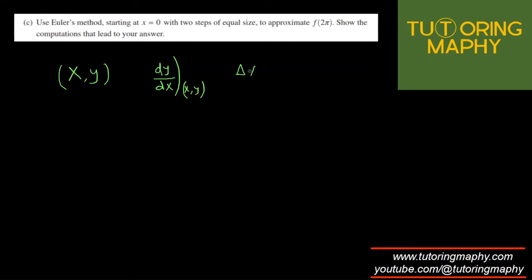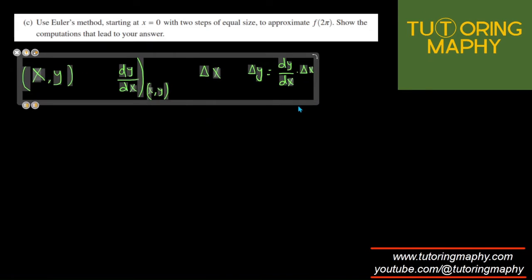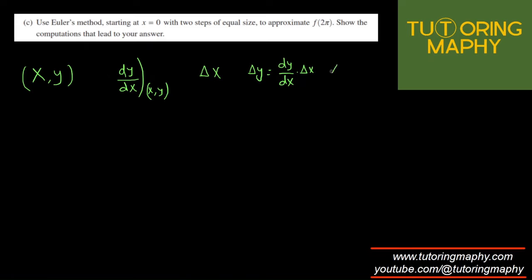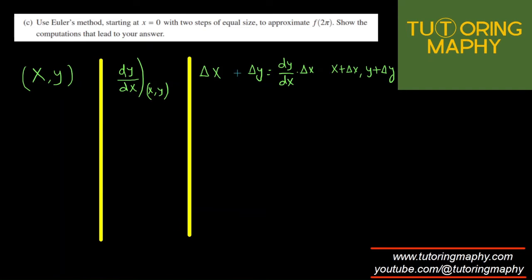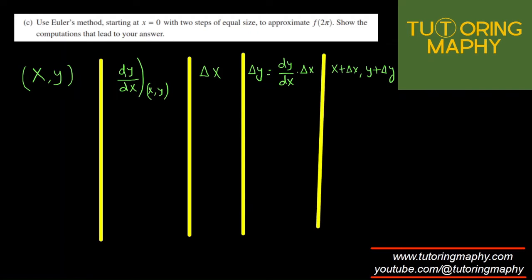I need the value of delta x. I need the value of delta y, which is nothing but the derivative of the function times delta x. And then I have the new point, and the new point is nothing but x plus delta x and y plus delta y over here. So this is what we have here.